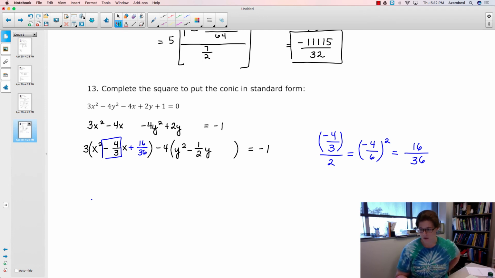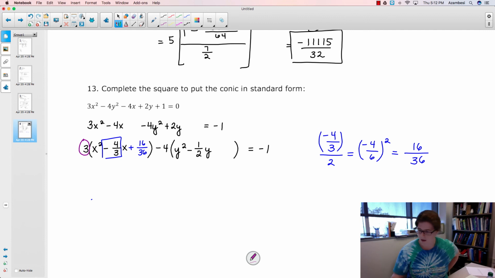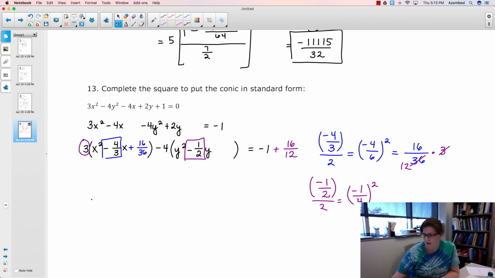Now what I add to the other side is really that times the 3 on the front. So remember, you have the 3 on the front, so times 3 here. If I multiply by 3, I'm going to end up with 12 on the bottom, and I have plus 16/12. Now I'm going to do the same thing with my y component, so I'm taking the number here out of the center, and I have negative 1/2, so negative 1/2 divided by 2 gives me negative 1/4, and I need to square it.